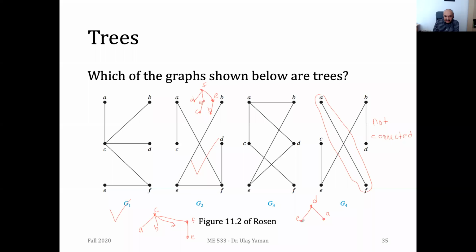And from A, I have B. A is connected to B, so as you see, we have a kind of a circuit here.